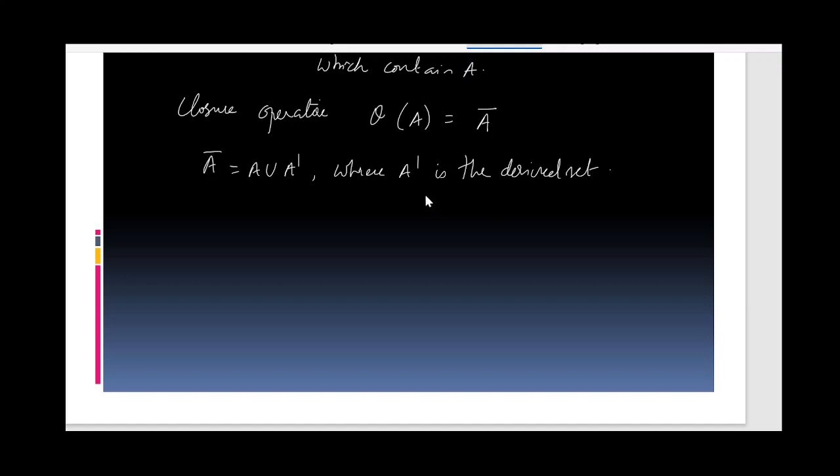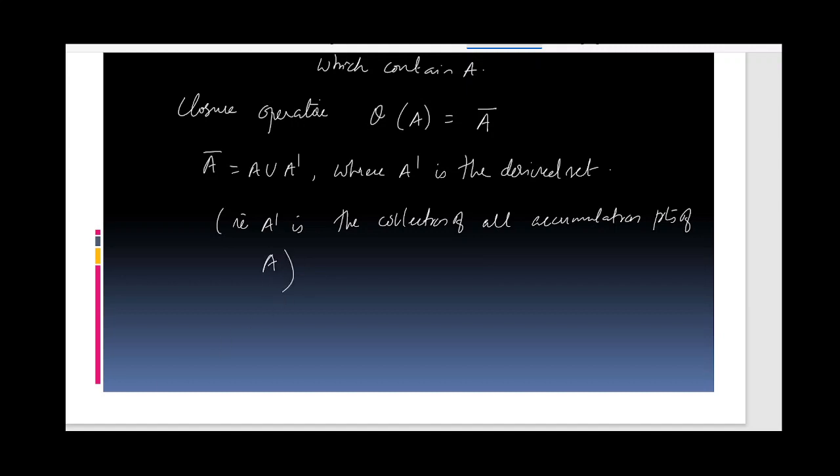And what do you mean by derived set? A dash is the collection of all accumulation points of A. What do you mean by accumulation point?